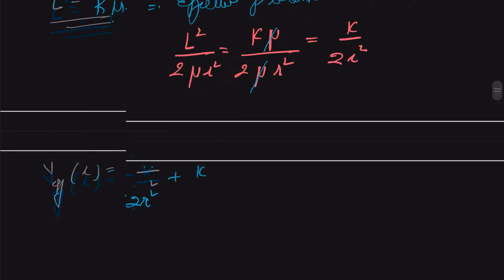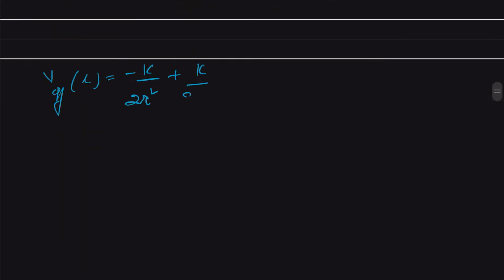Therefore our effective potential at distance r is equal to minus k upon 2r square plus k upon 2r square, which comes as 0. So it means effective potential is basically independent of r.